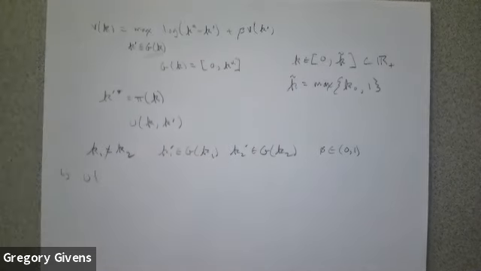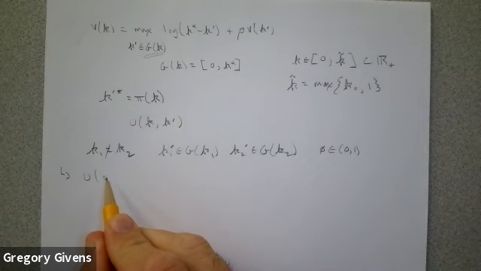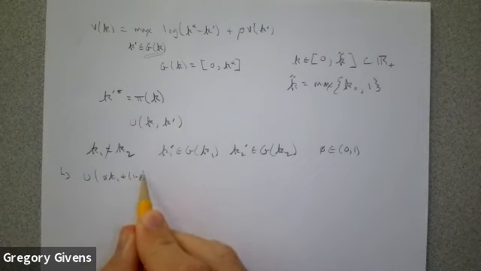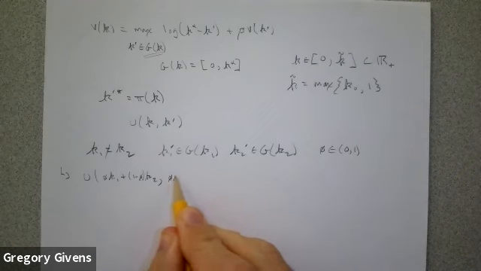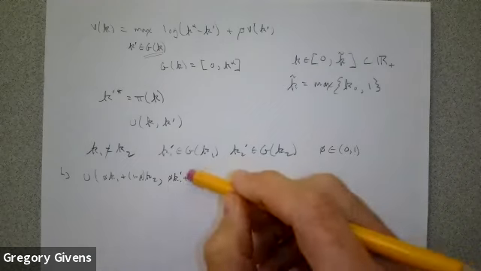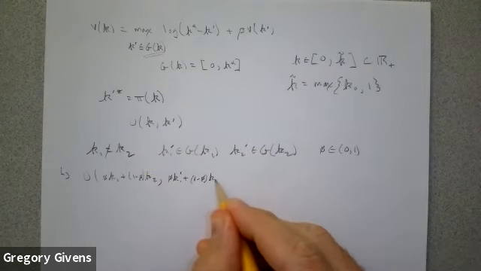So let's take the combination of these 2 points, k1 and k2. So it would be what? Phi k1 plus 1 minus phi k2. That would be the first argument. The second argument would, of course, be phi k1 prime plus, 1 minus phi k2 prime.